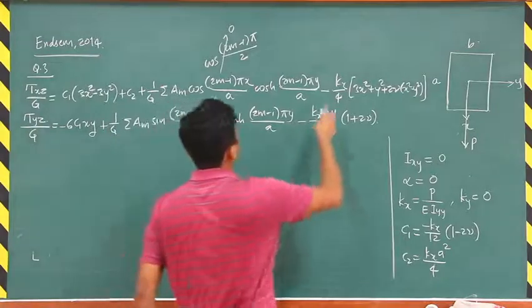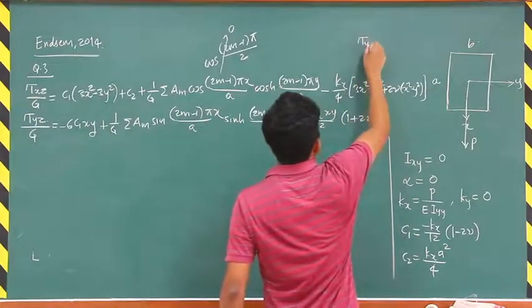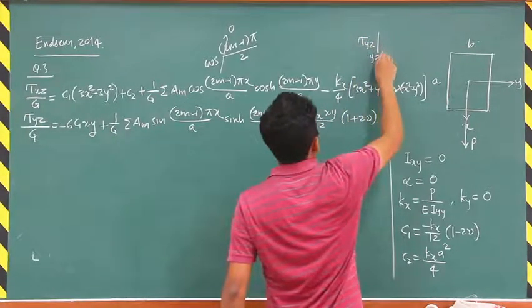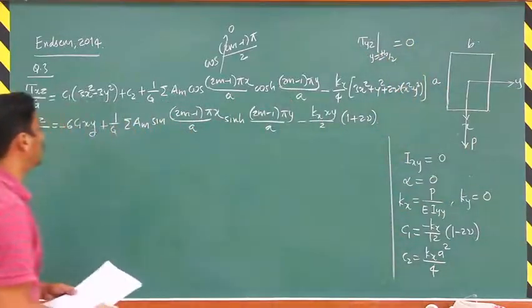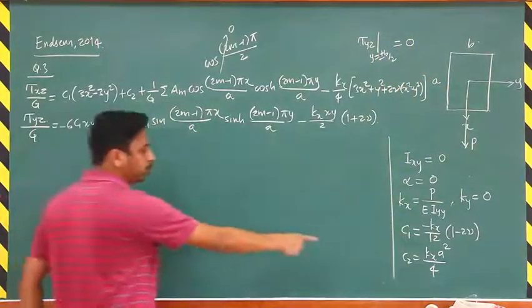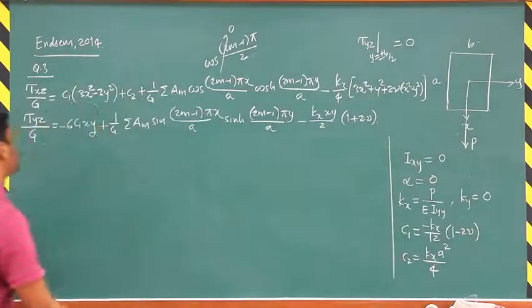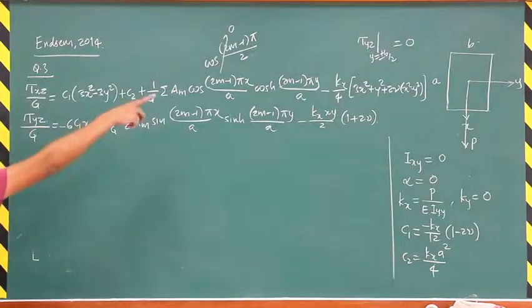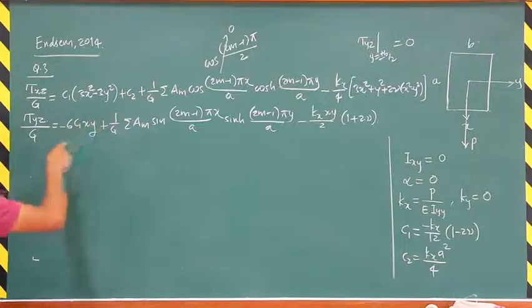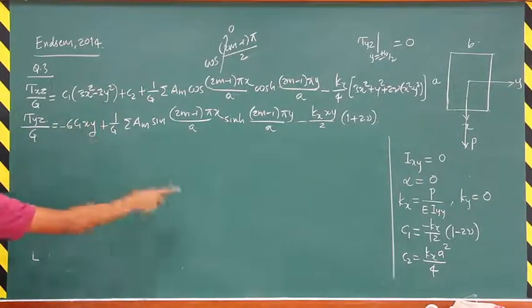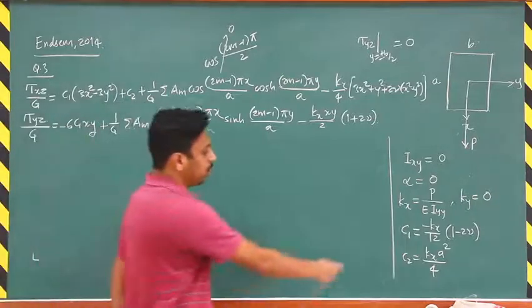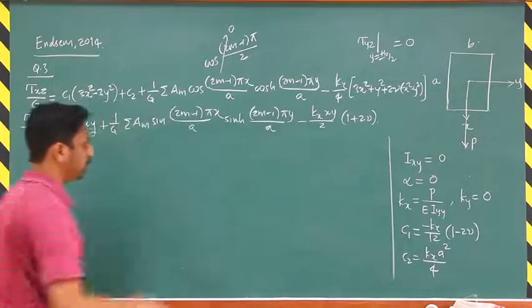So we are left with tau yz at y equal to plus minus b by 2 equal to 0. Now we know the values of constants C1 and C2. So while using that particular boundary condition, we put y equal to plus minus b by 2 and the C1 and C2 values obtained from the previous boundary condition.